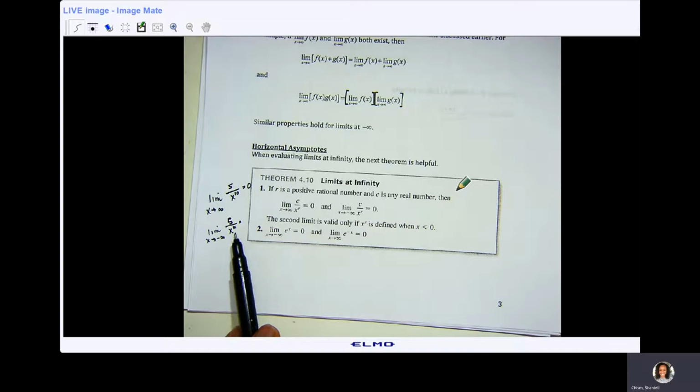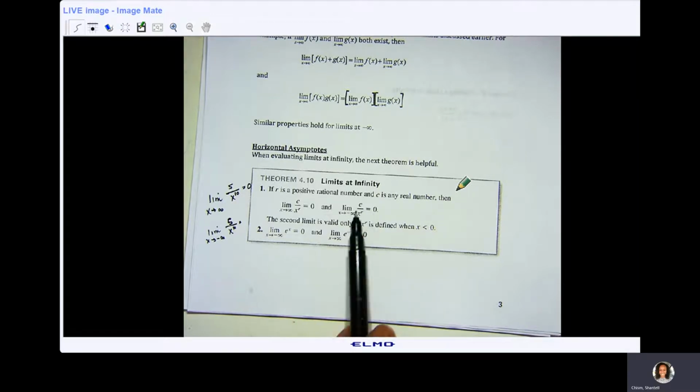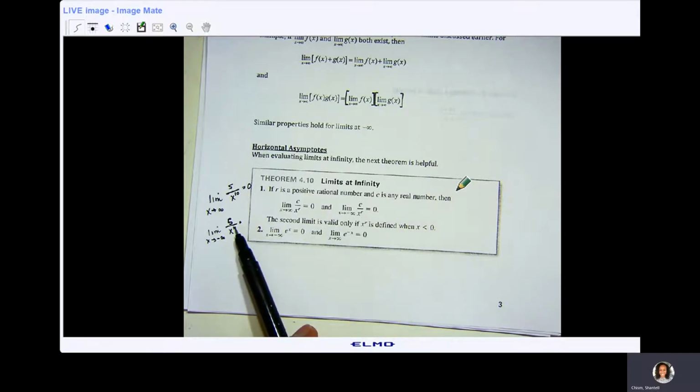Okay. Now take note here that the second limit is valid only when x is less than 0, or your r value is an even power. So either x needs to be negative, or less than 0, and then your r, well, actually it says it right there.